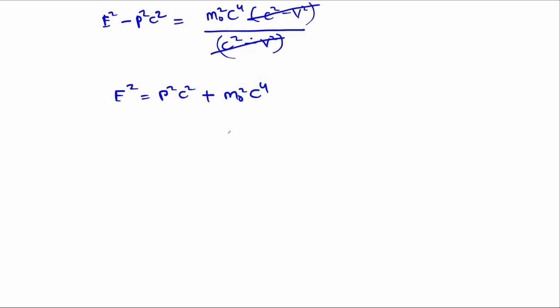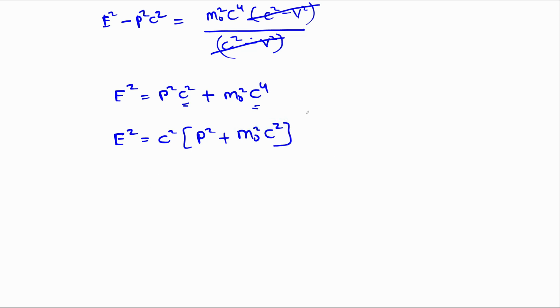Now the common term is c square, so rewrite the above equation. We can write it as E square is equal to c square into p square plus m naught square c square.